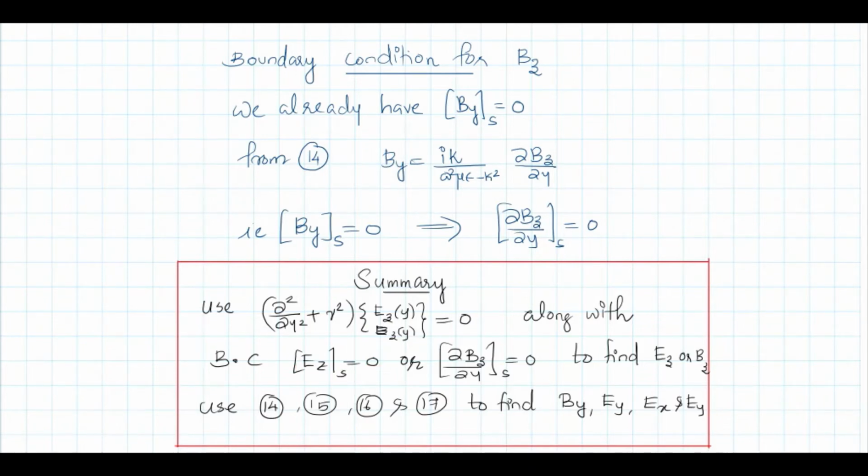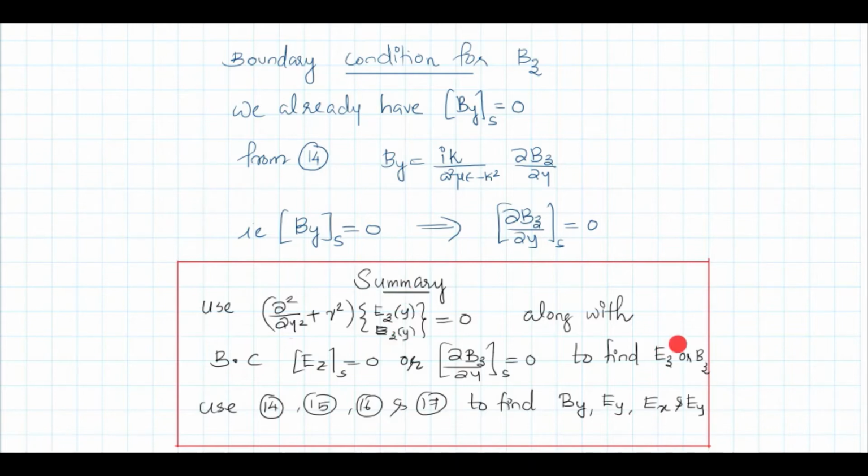So you can solve the first equation, (dou square by dou y square plus gamma square) acting on Ez equal to 0, with the boundary condition Ez at the surface 0. Or you can solve the second differential equation, (dou square by dou y square plus gamma square) acting on Bz equal to 0, with the boundary condition dou Bz by dou y at the surface equal to 0. So you have two wave equations and two boundary conditions, and you can solve uniquely for Ez and Bz.